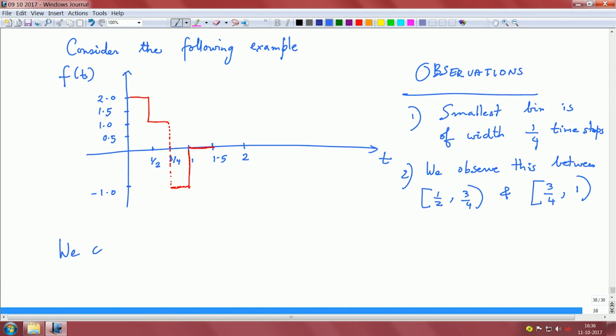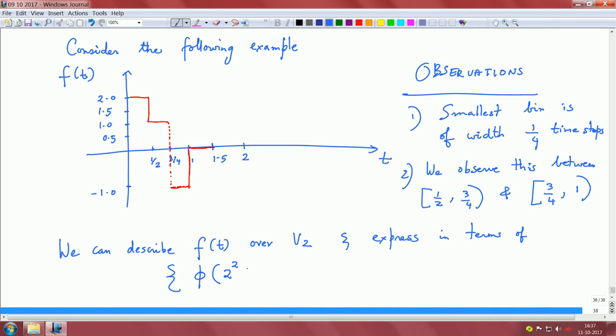We can describe f of t over V2, which means that we can express f of t in terms of these phi functions over scale j equals 2, this is 2 square t minus L, L belonging to set of integers.